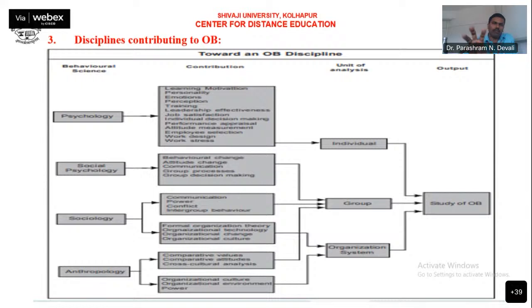Means what? When we think about all these things, at that time we want to understand the psychology behind that. When we think about an individual or employee, at that time we want to think about all these things.